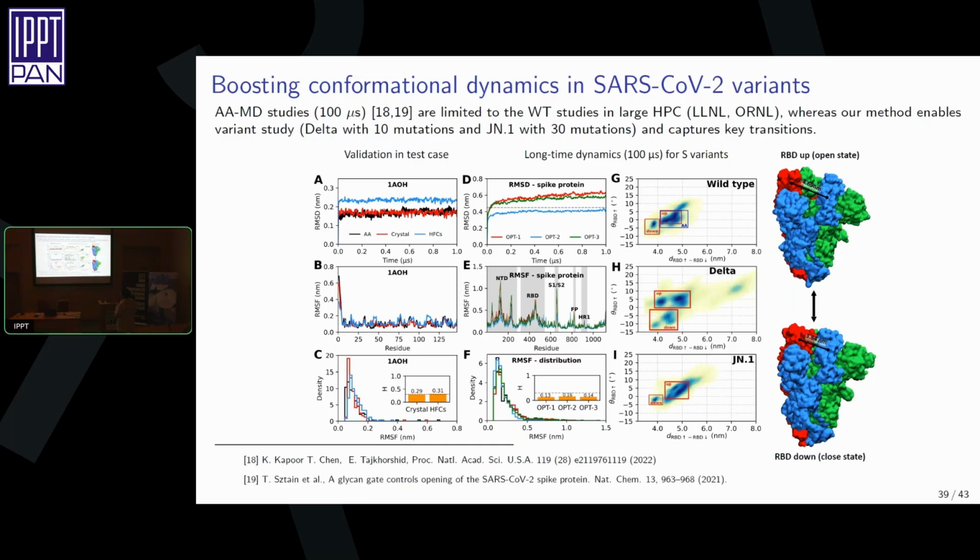You compare that with the delta, and you will see that there are many more details depending on the position of the delta. Delta has about 10 mutations, and the GN1 has 30 mutations along the spike protein. So the profiles are very different, but you could see that the delta has some open states which are much more open, which gives it the ability to stay in the active state much longer than any of the other variants.